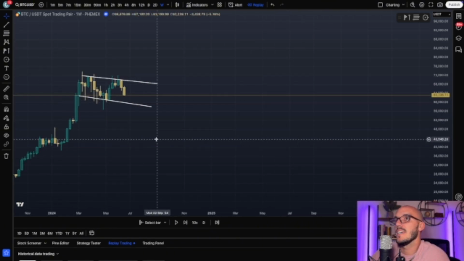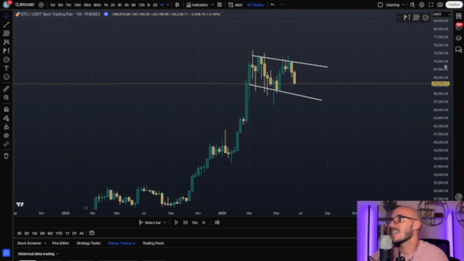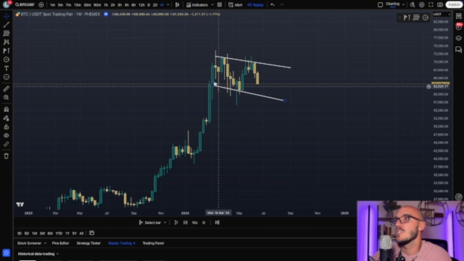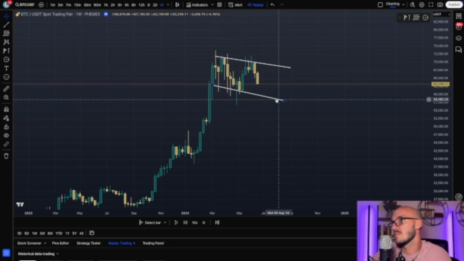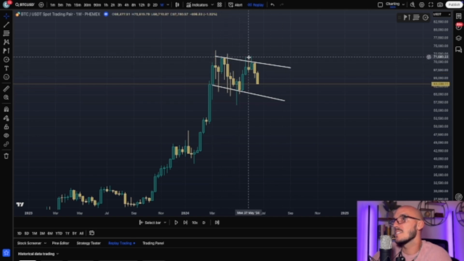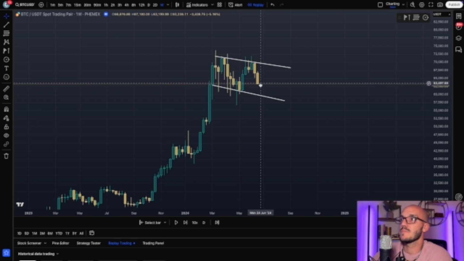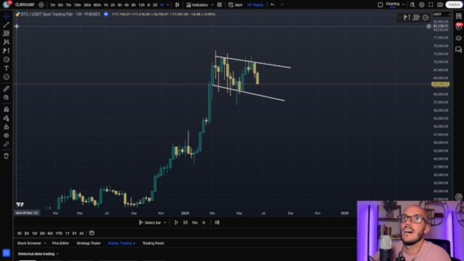So in this case, remember, we're back in time and we're drawing this trend line here. So what can we expect? You had 1, 2 touches on the lower downward trend line. You had 1, 2 touches on the upper downward trend line. Okay, so what can we expect?